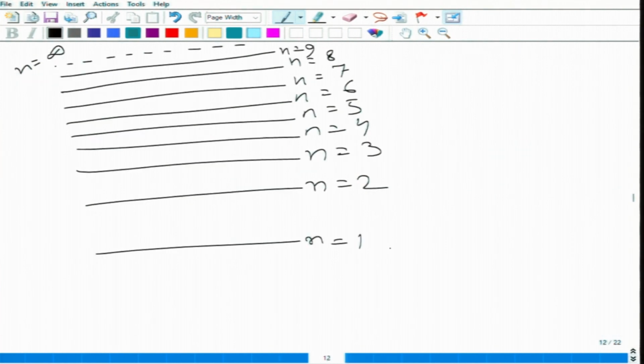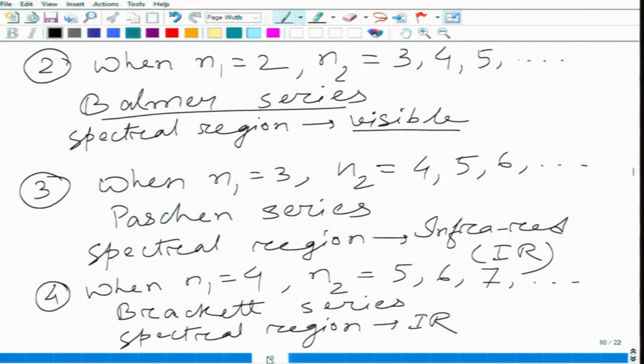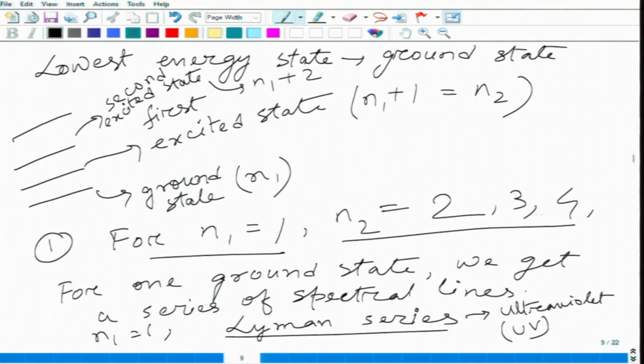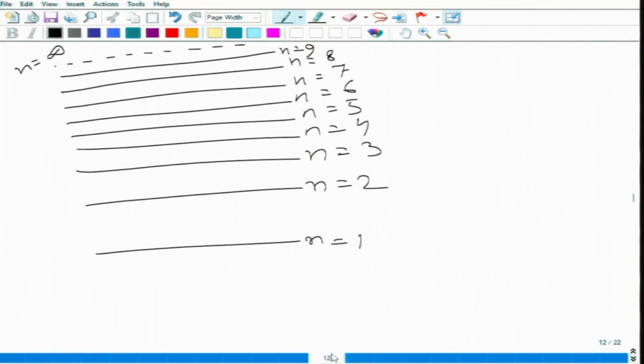So what can n2 be? n2 had the values of 2, 3, 4 etc. So the lines can be drawn like this. They are falling to n equal to 1. This is called the Lyman series.